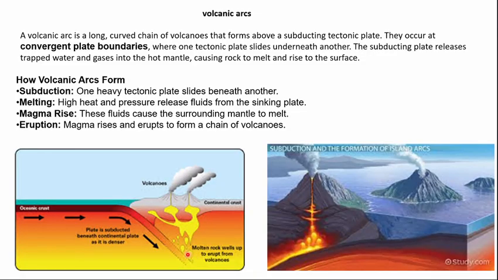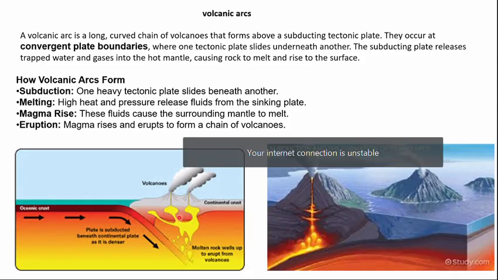You can see it forming small bubbles. Look, a stretch line is formed going beneath like this, and the magma is forcing its way back up to the earth crust. It will form a chain of volcanoes.